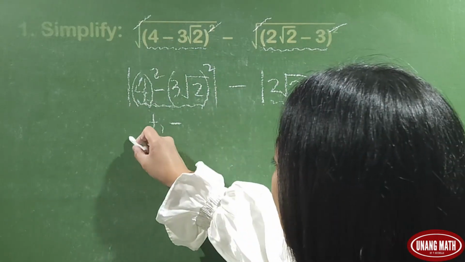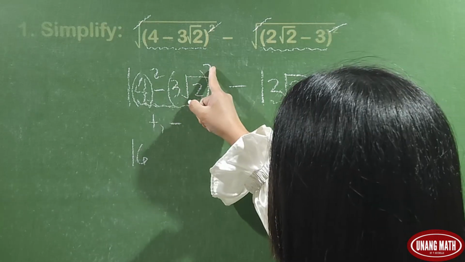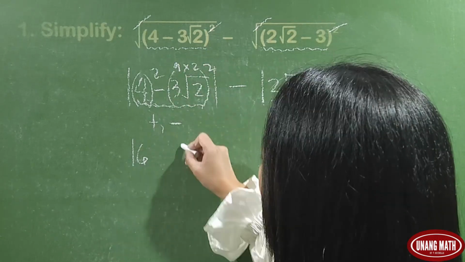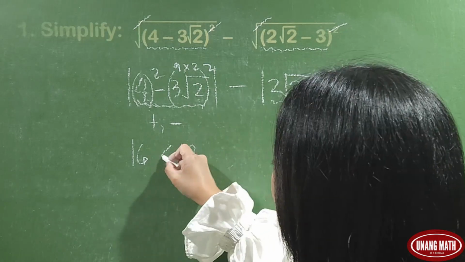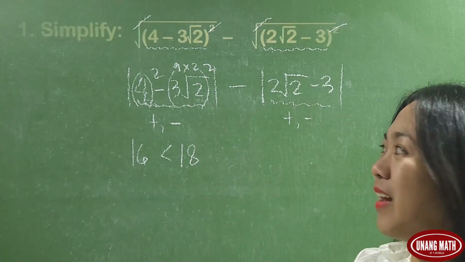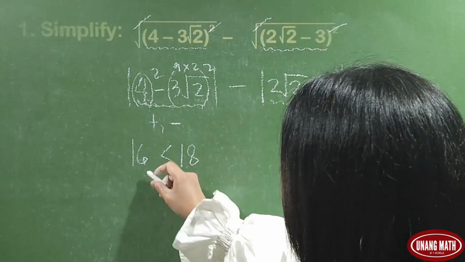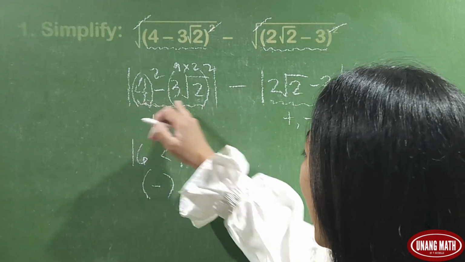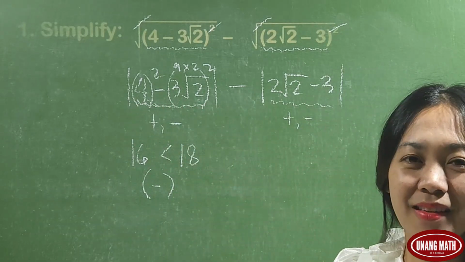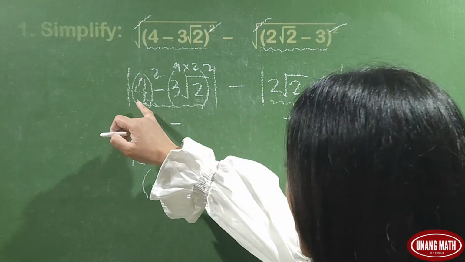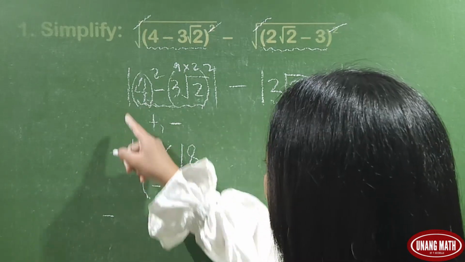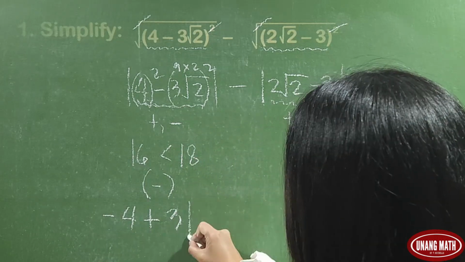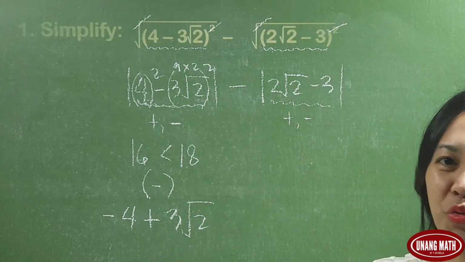Okay, 4 squared is 16. 3 squared is 9, so 9 times 2, that's 18. 16 is less than 18. So it means 16 minus 18, then that's a negative number. So this value is a negative number. And since it's negative, we need to change its sign. So this is now negative 4, plus 3 square root of 2.